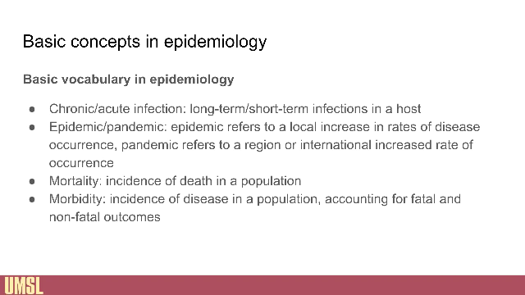occurrence of influenza. And there's mortality. And so this is essentially the death caused by this particular pathogen or thing in a population, which is in stark contrast from morbidity. Okay? And so morbidity is essentially the incidence of disease in the population accounting for fatal and non-fatal outcomes.